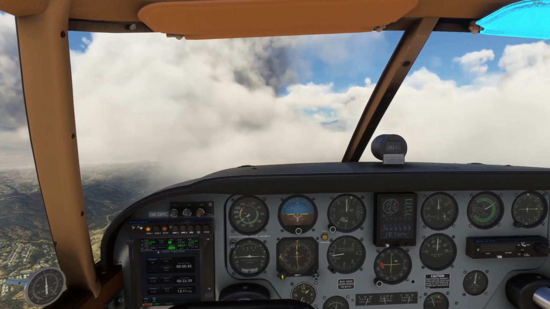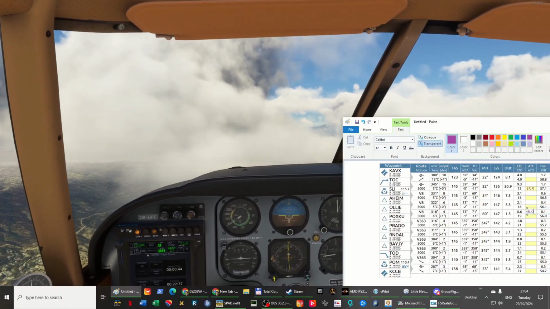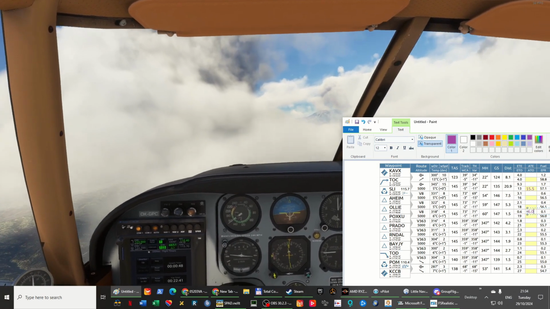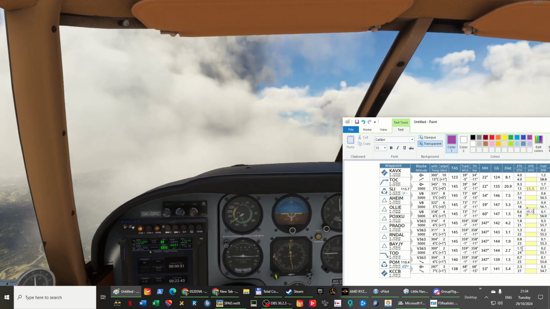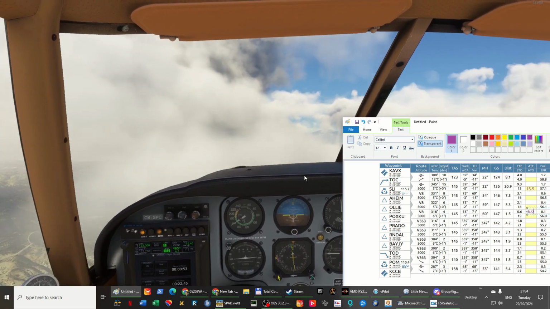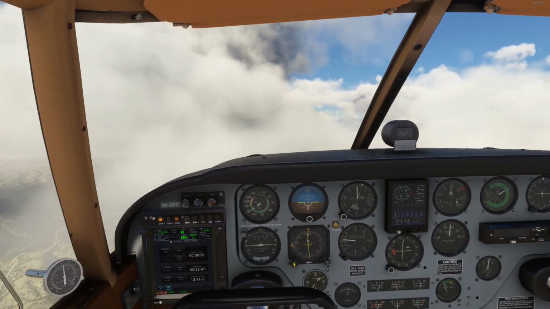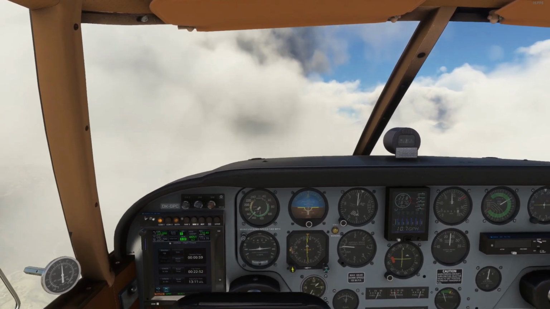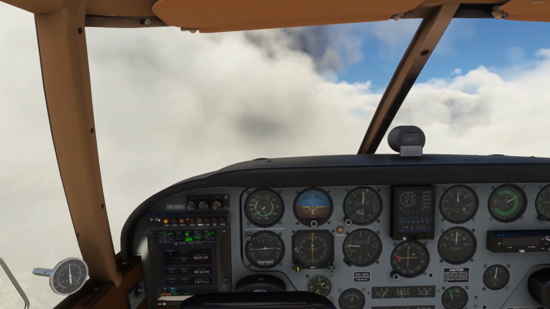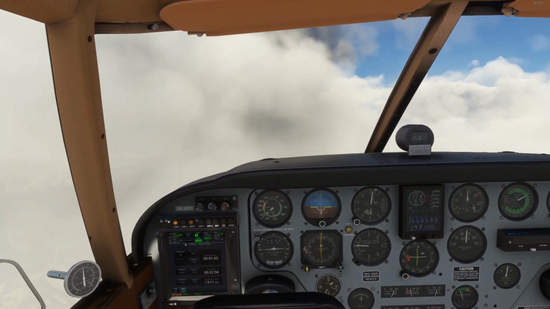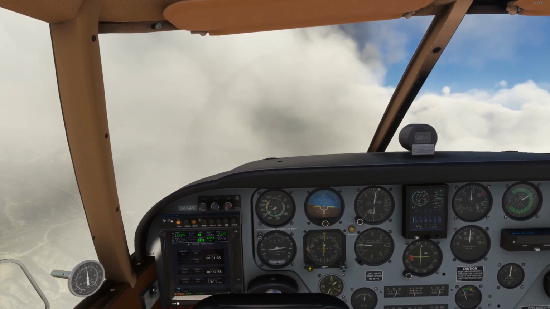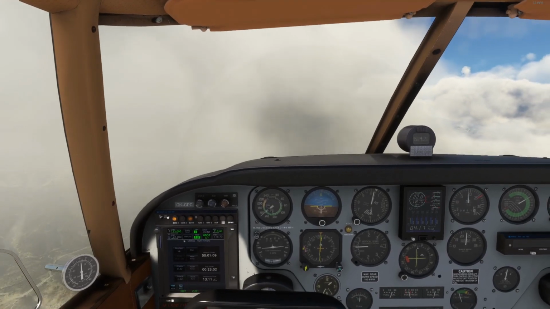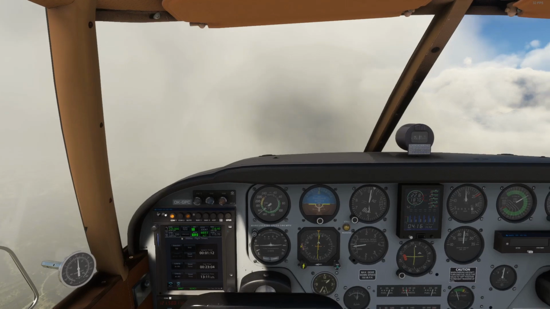And we should arrive at Pomona VOR in, let's say, 7 minutes, give or take. And let's fly a little bit to the left. Maybe the winds are coming from the west, I think. We'll be descending in the hold.